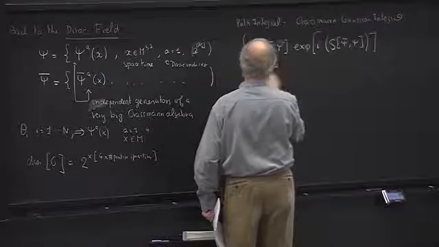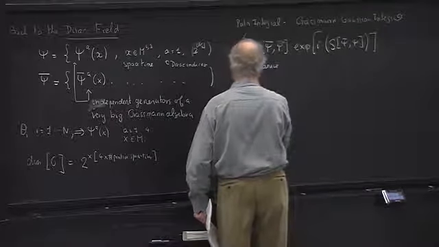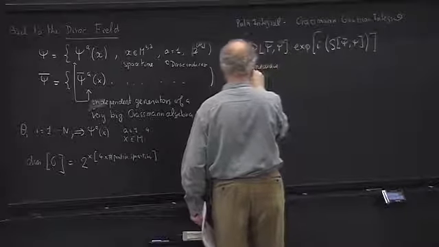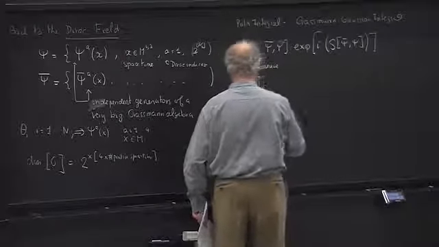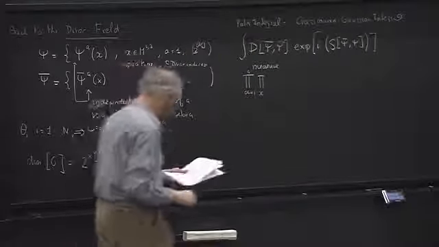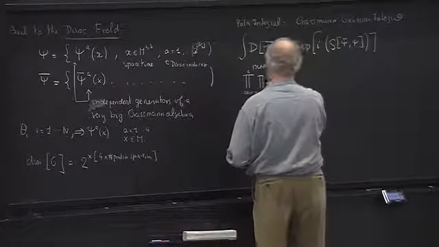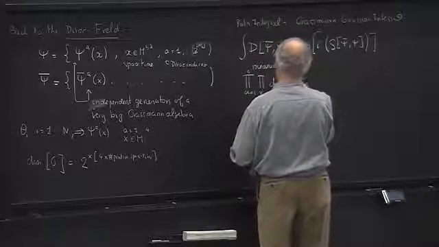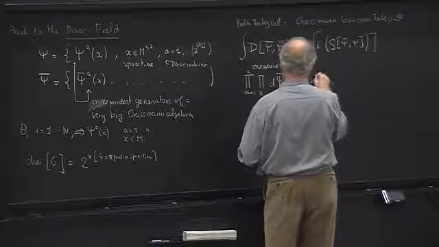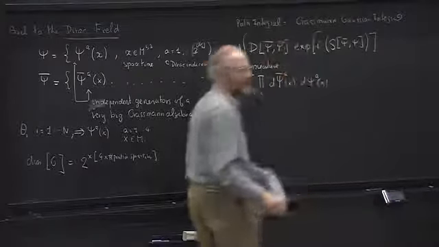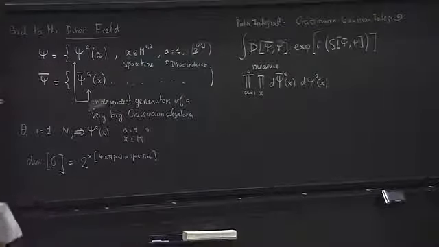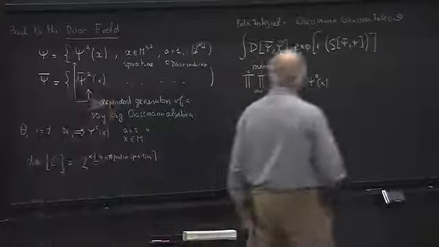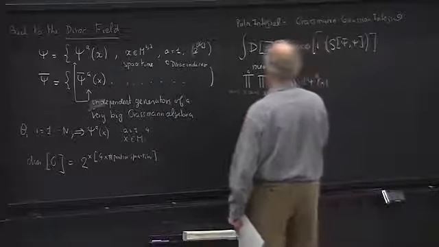This measure is formally the product over A from 1 to 4, and over all the points of space-time, of d psi bar A of x, d psi A of x. So this is a bit formal. And this is a measure.